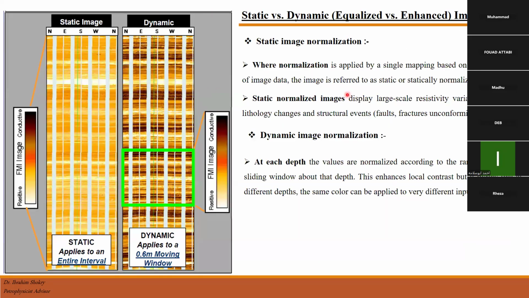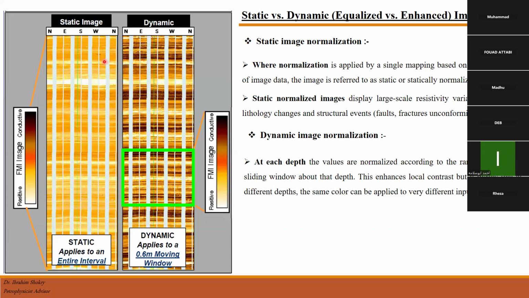So after the basic quality check, your borehole image undergoes processing steps or procedures, and then we get the final products, which are a static image and a dynamic image.